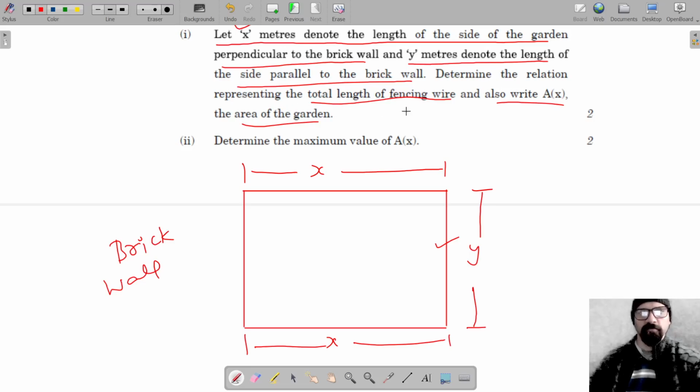Determine the relation representing the total length of fencing wire. The fencing wire is the three sides, 1, 2, and 3.